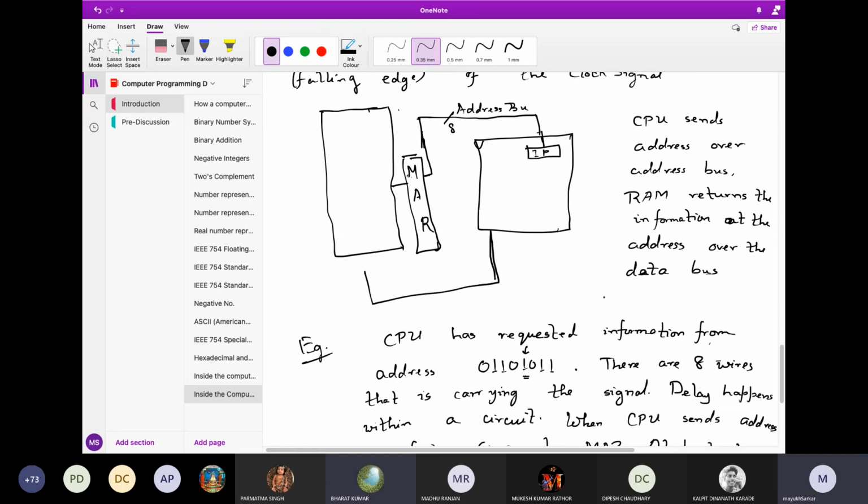Okay. Similarly, when the RAM sees the address, I'll not discuss this architecture for long, don't worry. This data will go, right?